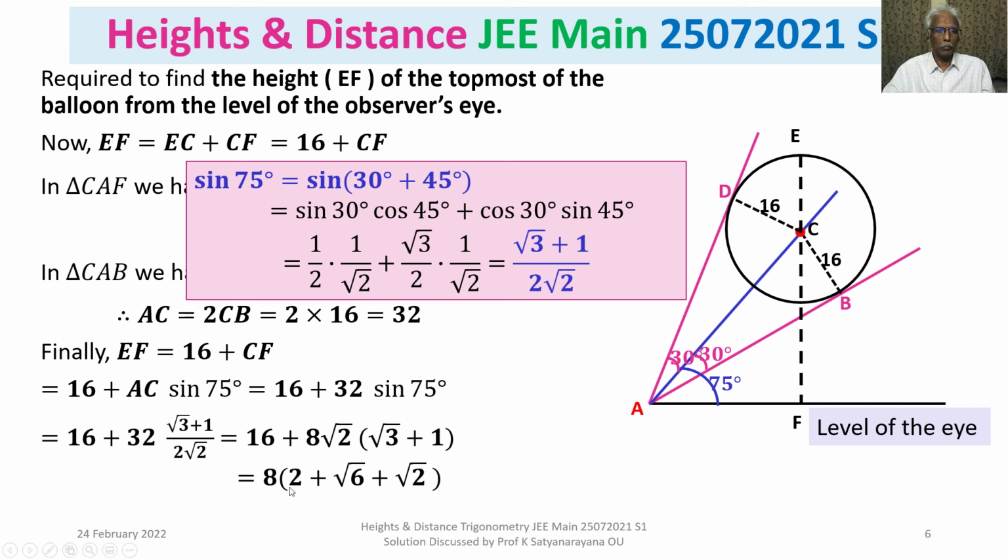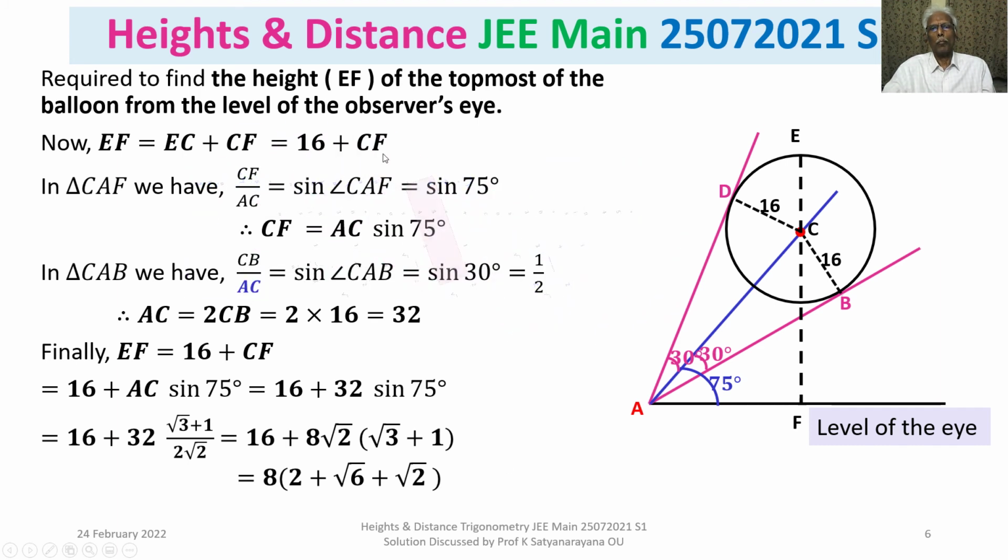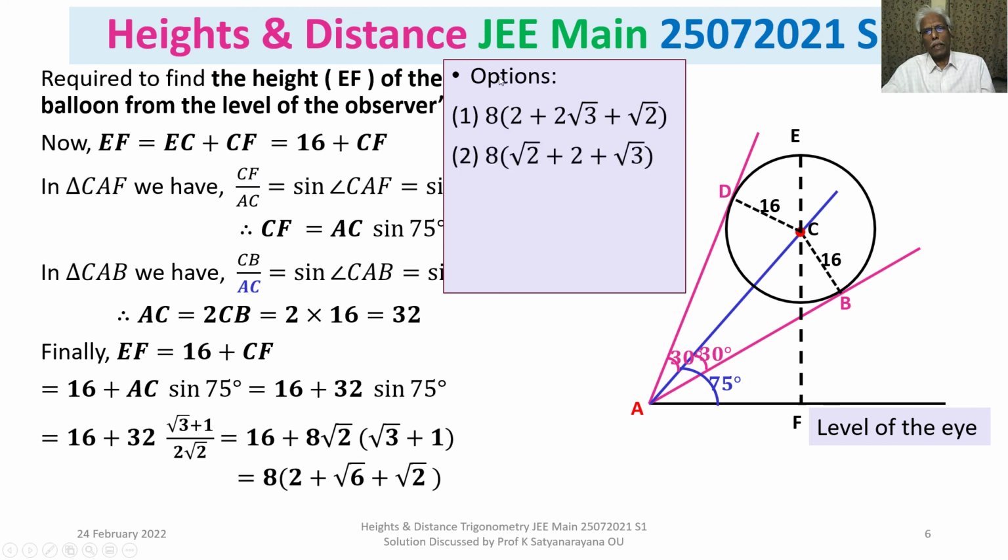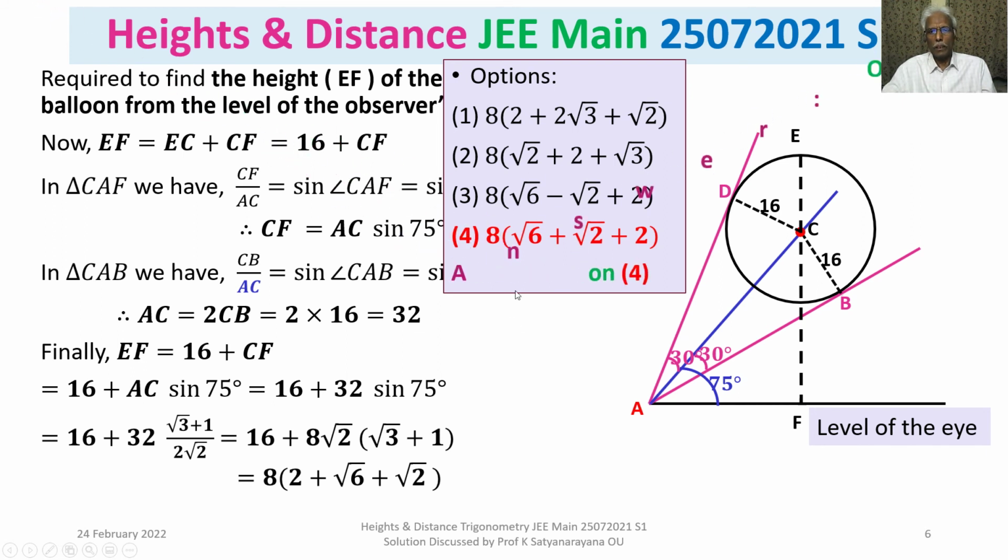So 8 times in brackets, 2 plus root 6 plus root 2. That's our answer. Let's look at the options. Our answer appears against option 4. Therefore, our answer is option 4.